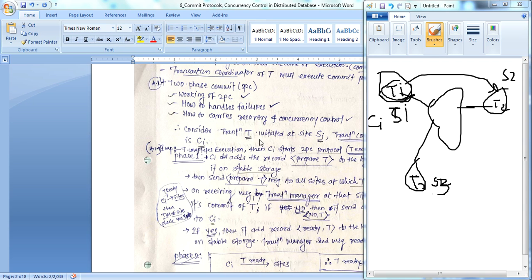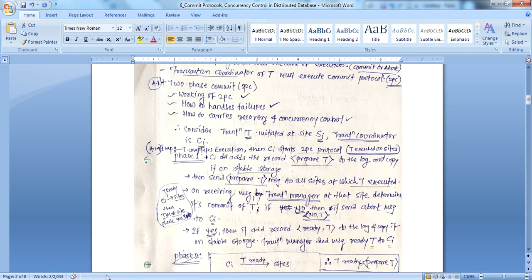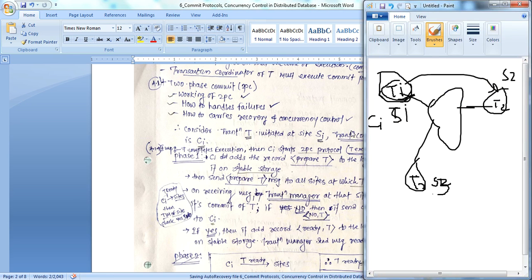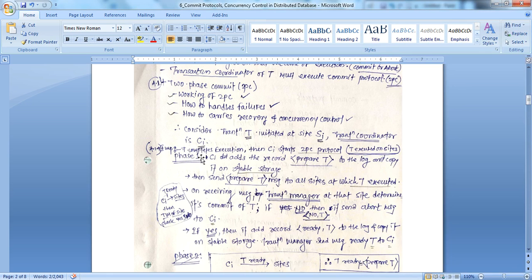T is a transaction initiated by the site Si, right? Now when T completes its execution, Ci, the transaction coordinator, starts the 2PC protocol. After the completion of the transaction, the coordinator of the transaction starts the 2PC protocol. T executed on several sites.